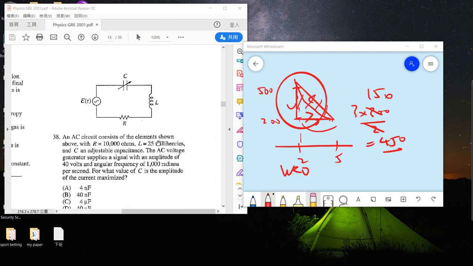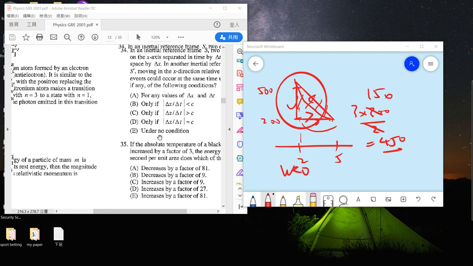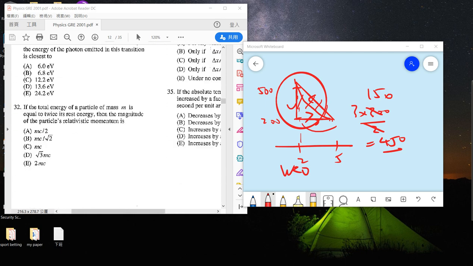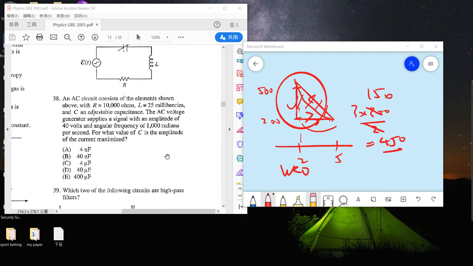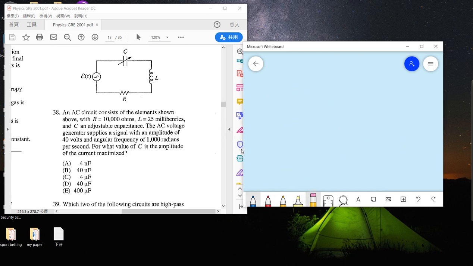Okay, let me see. So we start from 38. You know R, you know L and C, and you are asked at what value of omega the current amplitude is maximized. This is standard. The resonant frequency is 1 over the square root of LC.